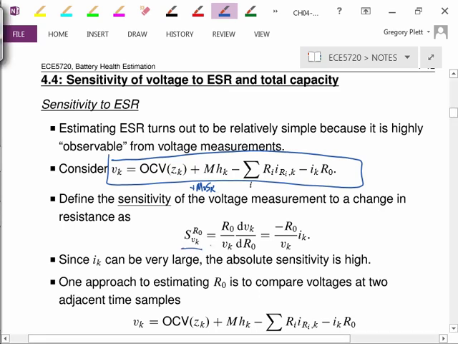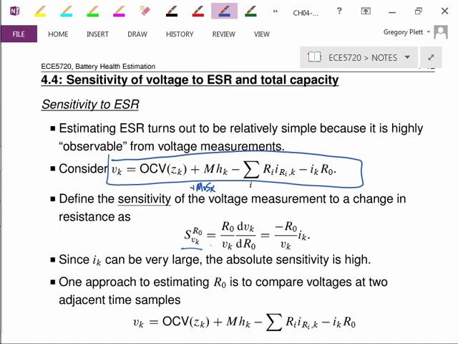The symbol S is for sensitivity. The subscript is the sensitivity of something, and the superscript is to something, so sensitivity of voltage to resistance. This is computed as the ratio of the resistance to the voltage multiplied by the derivative of voltage with respect to resistance.